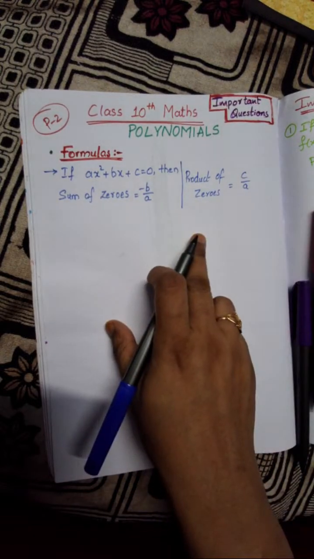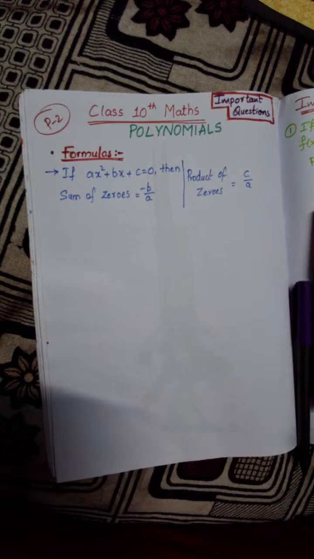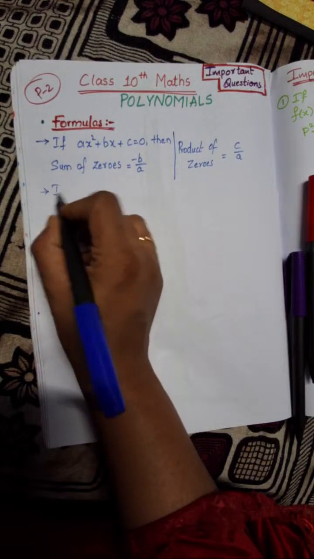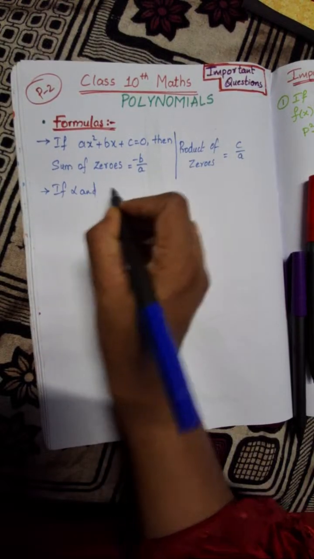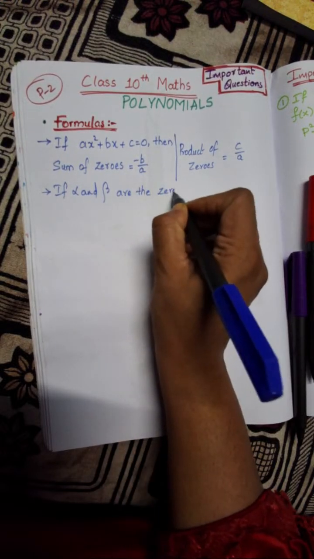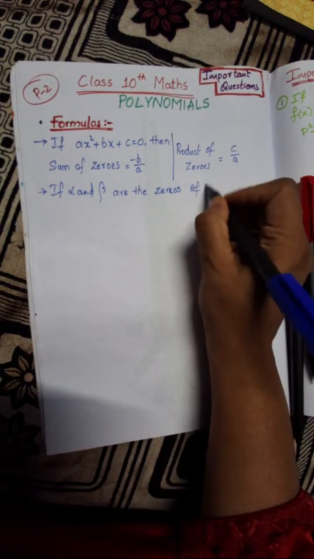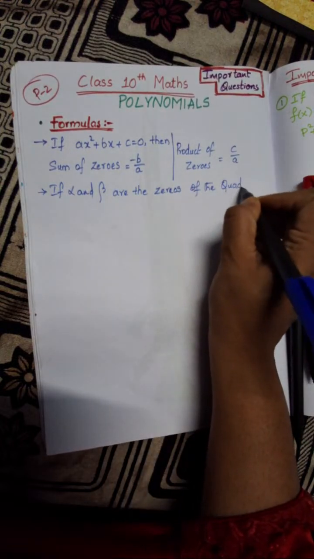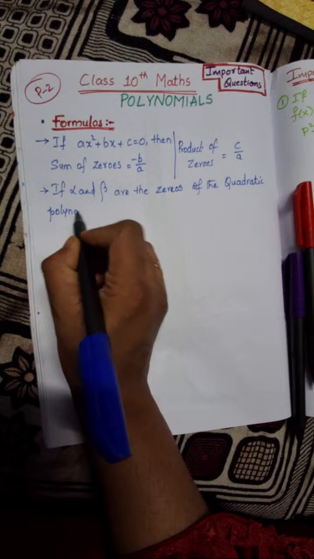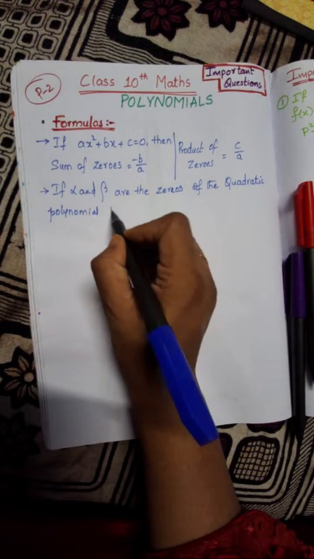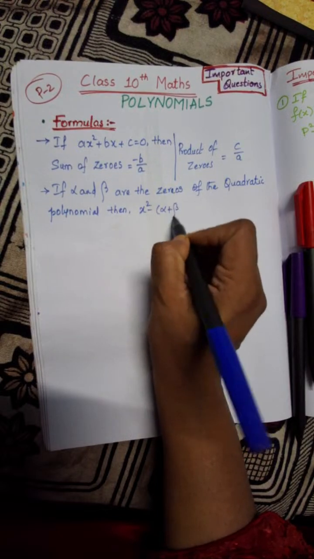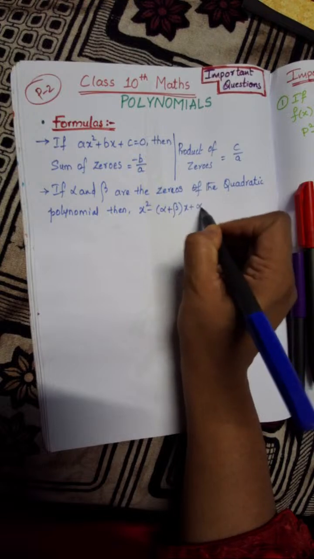Okay, these are the basic formulas used in this chapter. Some more important formulas: if alpha and beta are the zeros of a quadratic polynomial, then what formula are we going to use? x square minus (alpha plus beta) x plus alpha beta.